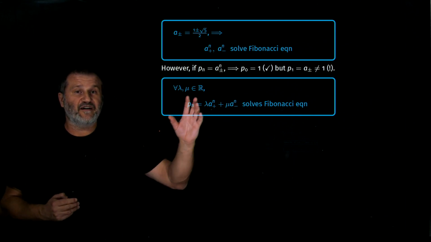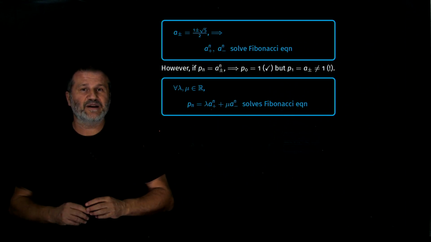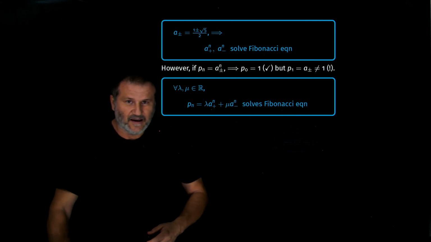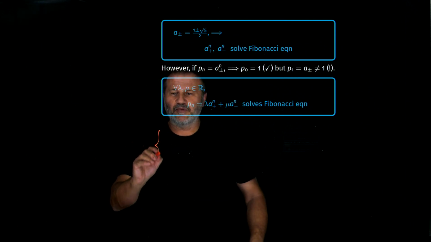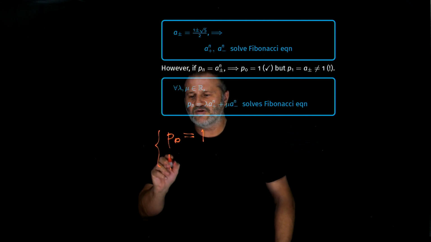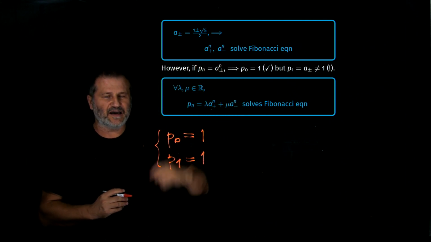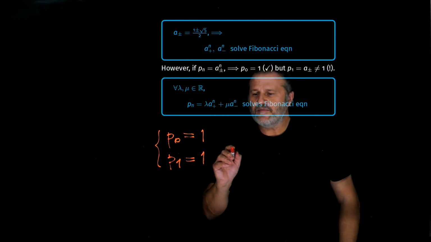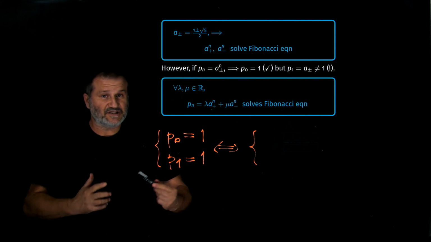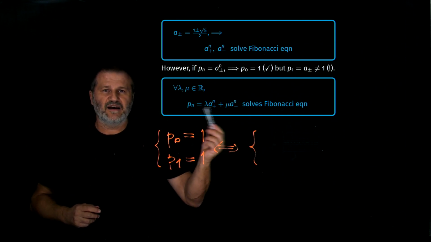So we may wonder if for a suitable choice of lambda and mu, we can find our Fibonacci sequence of natural numbers that we presented at the beginning of this video. Now, to do that, we must impose two conditions at least, which are P0 must be 1 and also P1 must be 1. Conditions that are not verified, for example, by these two solutions. If we impose these two conditions, this can be translated into a system of two equations in two unknowns, lambda and mu.